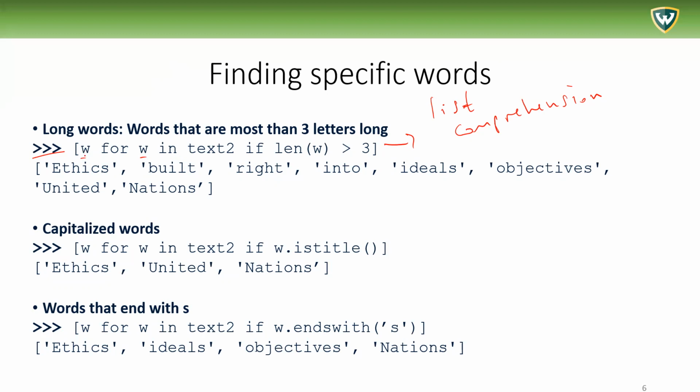So item for item in text2, the variable we created before, if length of the item is greater than 3. It's a very easy and simple way to print out item for item in this list if the length of this item is greater than 3.